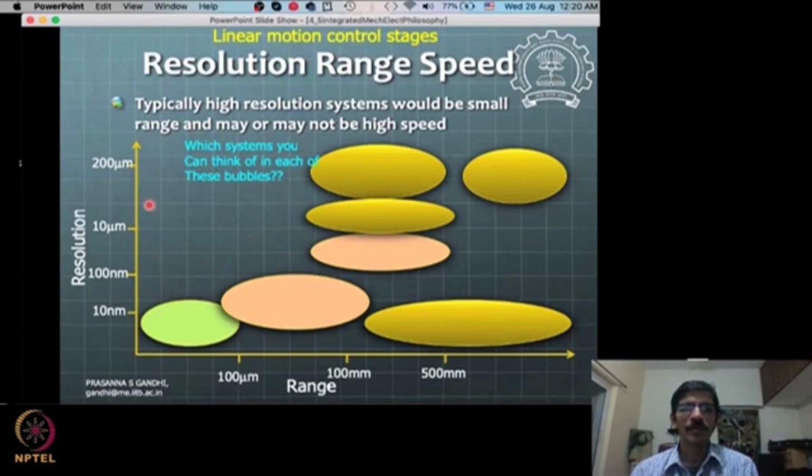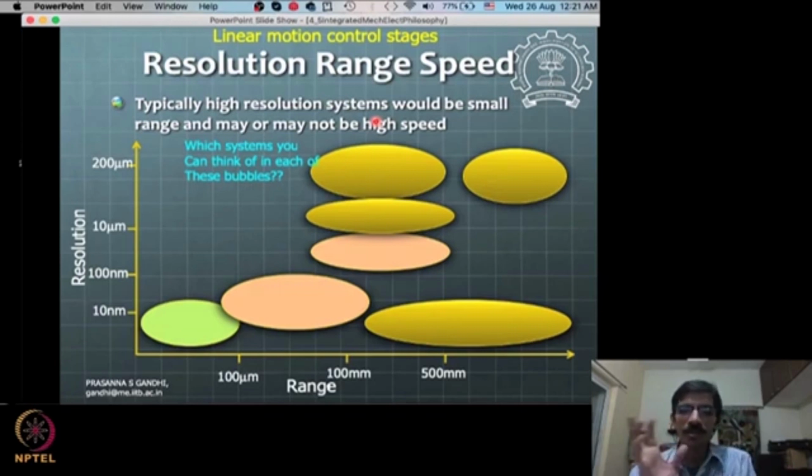You'll find no bubbles would be required up here. Most of the systems will be centered around these, and some special systems will require very high resolution and high range. Typically, the combination of high resolution and high range will be a very small number of applications.